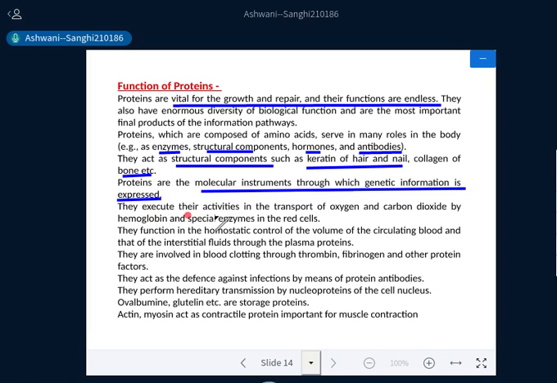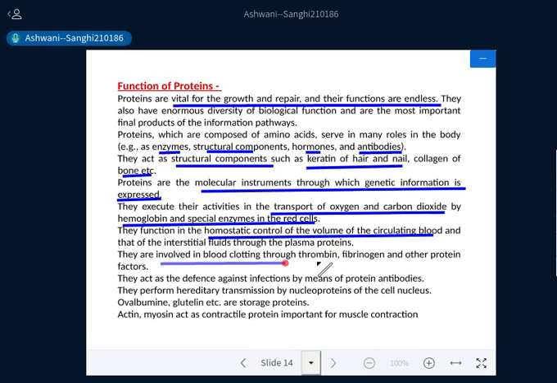They execute their activities in transport of oxygen and carbon dioxide by hemoglobin and special enzymes in the red cells. Proteins function in homeostatic control of the volume of circulating blood and interstitial fluid through the plasma. Proteins are involved in blood clotting through thrombin, fibrinogen and other protein factors.